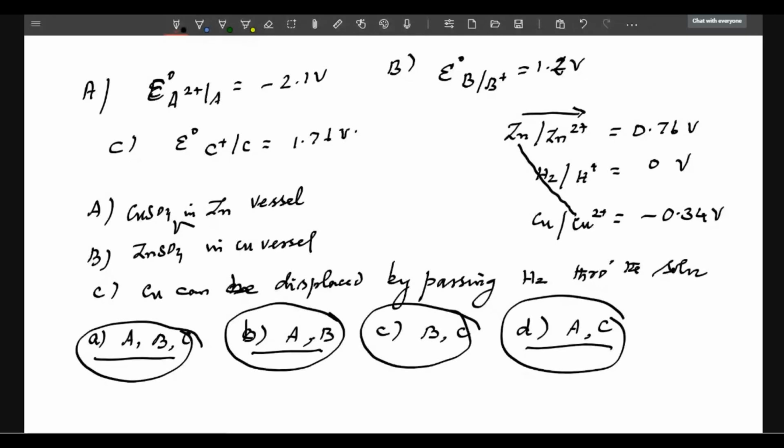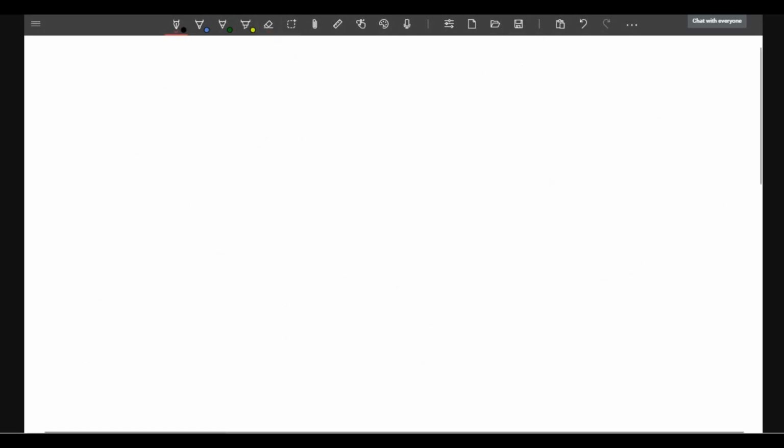Okay, this is the first application of the electrode potential, and you are going to see the second application. It is possible to construct a voltaic cell.